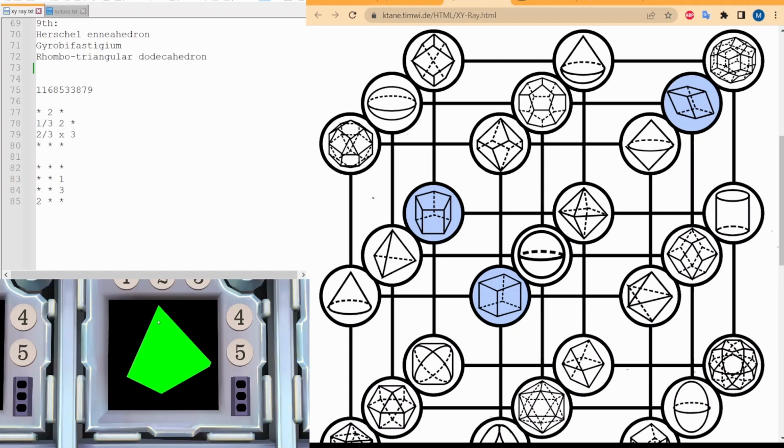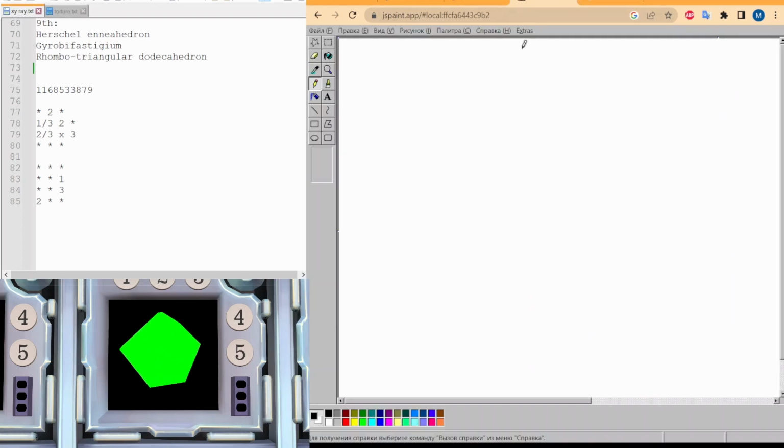Okay, this side. Let's actually look at one of the sides. Oh, this one. From here, one of the vertices went here, the one went here. Okay, so what happened next?